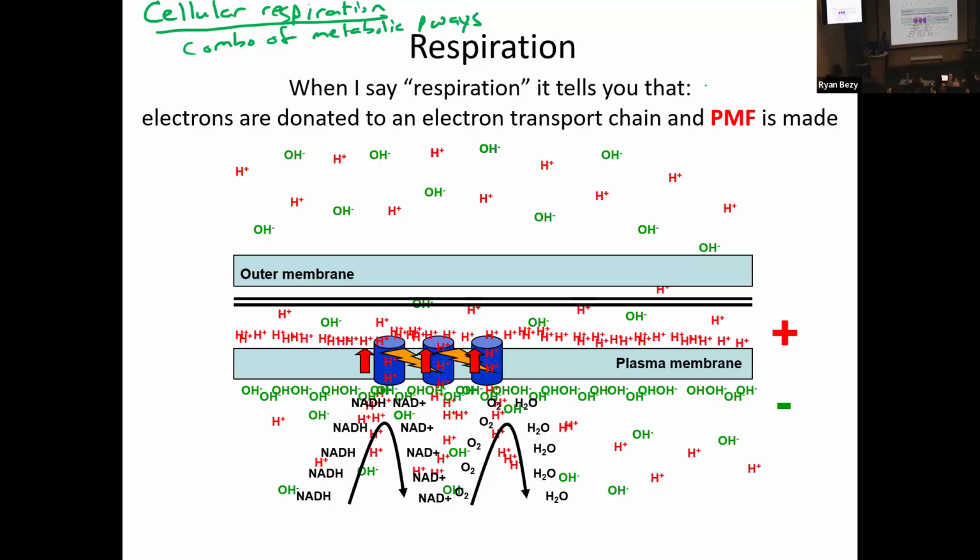Cellular respiration as a whole involves glycolysis, plus the citric acid cycle, plus respiration, which is the electron transport chains making a proton motive force, plus also a process called chemiosmosis, which is actually ATP synthetase making ATP.